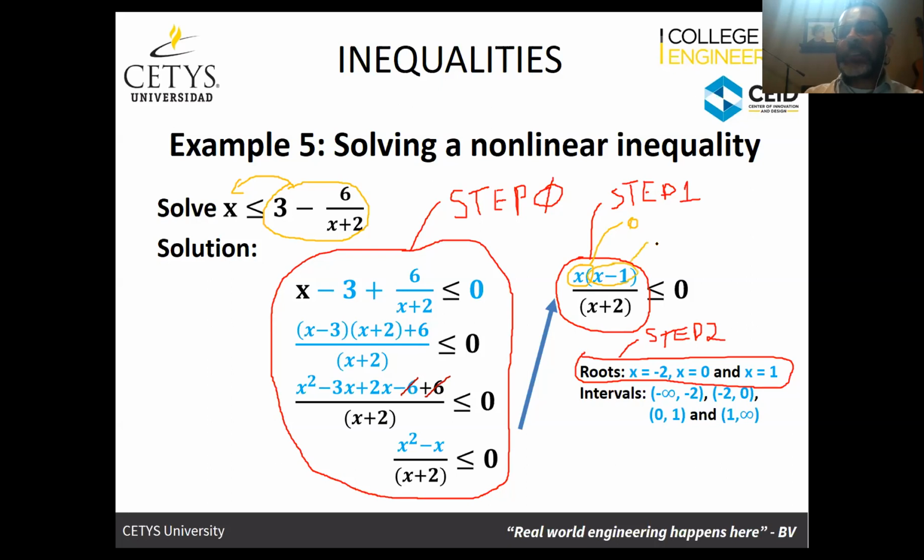What makes x minus 1 0? If I substitute the 1, or as Enya said, if we solve for x, then x is going to be equal to 1. And what makes x plus 2 0? If I solve for x, then it's going to be minus 2. So the roots are going to be the values that make the factor 0. Okay? And that would be step 2 here.